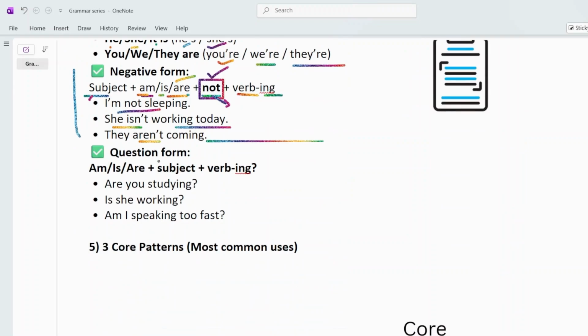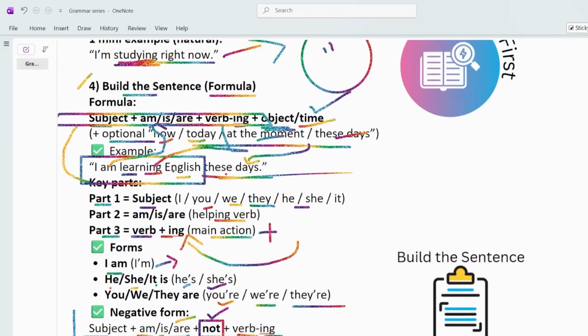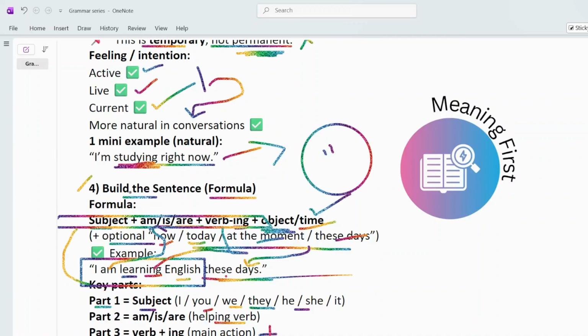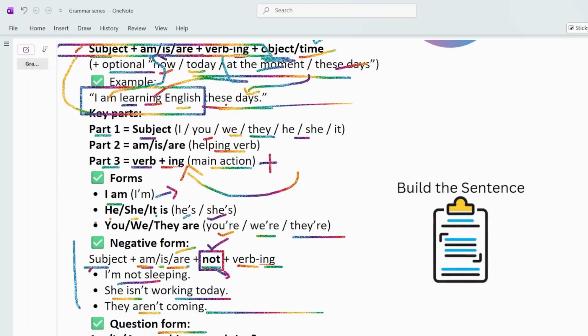Now let's look at the question form, and how you form questions using present continuous. If you look at this part, you can see that subject is the first thing that's present almost everywhere.